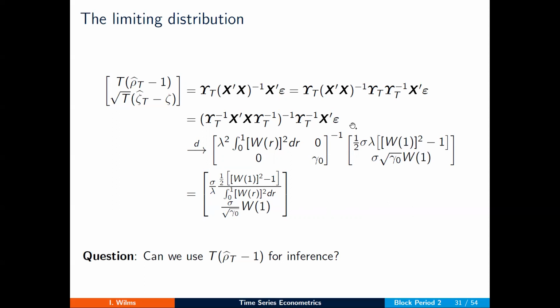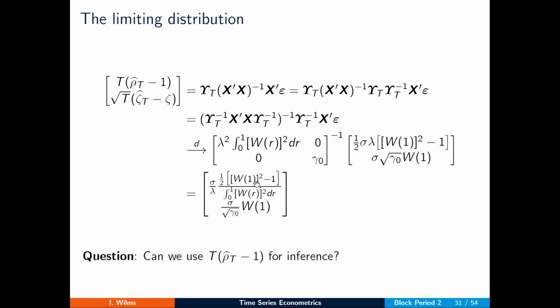On this line, there's actually no new information, but just putting all results from the previous slides together, and we derive the limiting distribution of this guy. If you then just combine both pieces, then you arrive at the final limiting distribution.